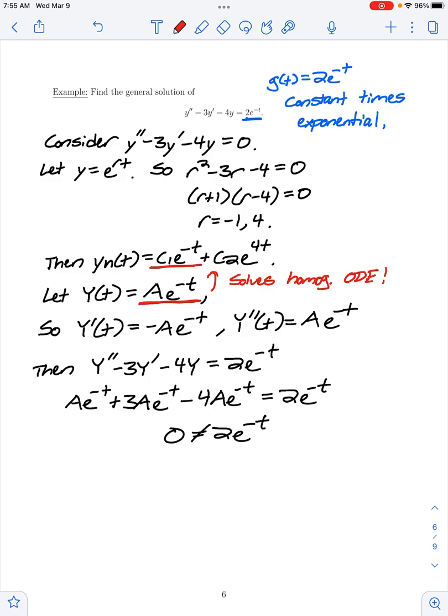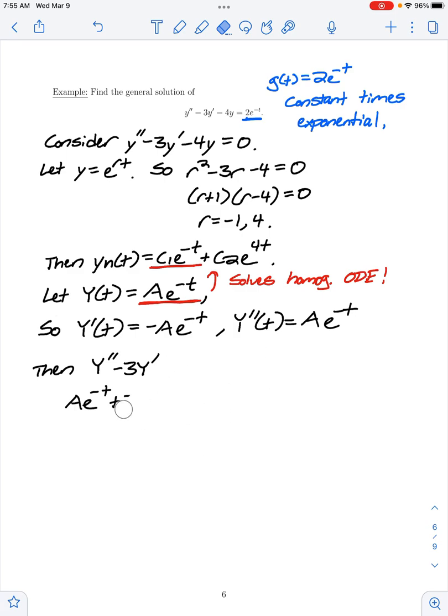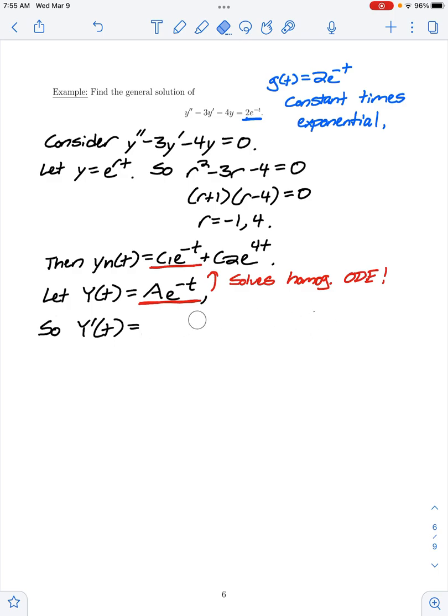So what form should we consider for our particular solution? Well, let's go back and explore this. Since our initial guess was incorrect and was part of the solution of our homogeneous equation, let's consider a particular solution of a different form.